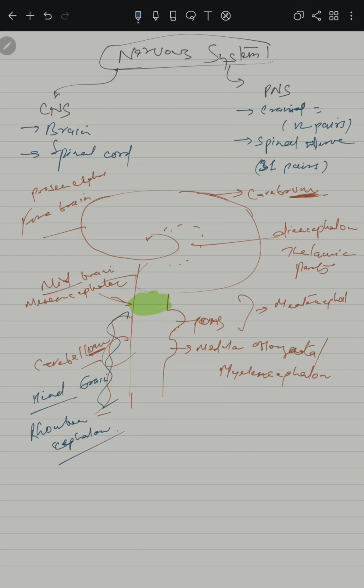So now this continues, and this part is the spinal cord, right?